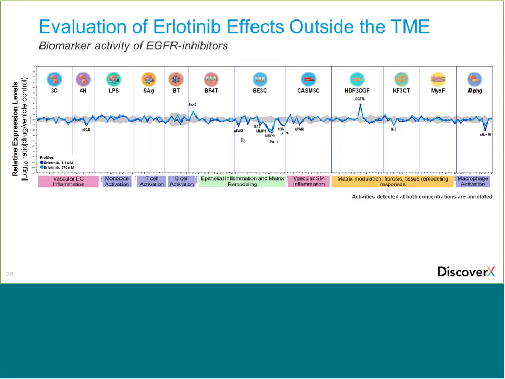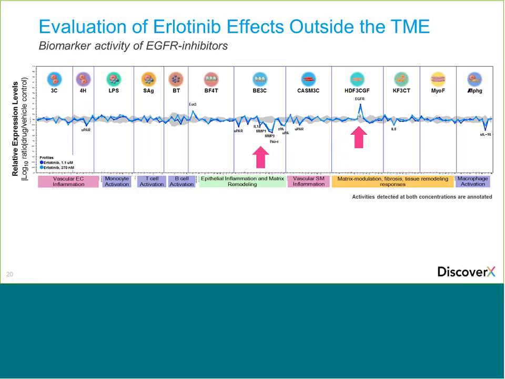And this is exactly what we would expect to see based on erlotinib's primary indication of oncology. So in addition to this effect on matrix remodeling and epithelial biology that we see here, we also see a signature activity of EGFR kinase inhibitors, and that's an upregulation of EGFR in the system itself.